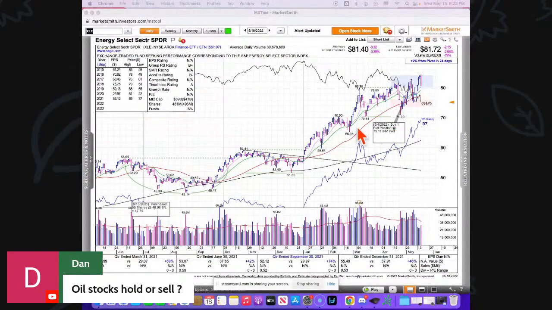The XLE is primarily made up of Chevron and ExxonMobil, and as you can see, we did have a pullback on the XLE today as well, but we're above that pivot, and so I'm still holding out hope that the oil sector will be the one sector that does hold up, but we'll see. I've got my stops in, and if it doesn't work, I'm out. That's just the way it is.